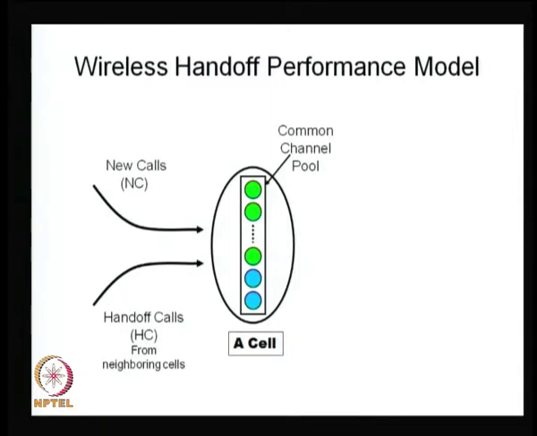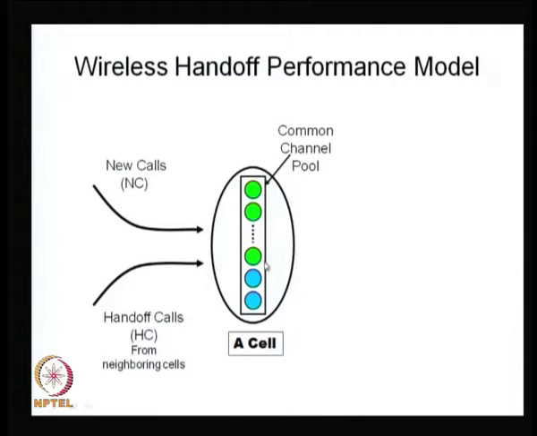Whereas, the calls originated within the cell itself are called new calls. The channel is given from the base station of the same cell, and once the call is over, the channel is released. Therefore, calls originated from the neighbor cells are handoff calls, and calls originated within the cell are new calls. These are the two types of calls coming into the system.